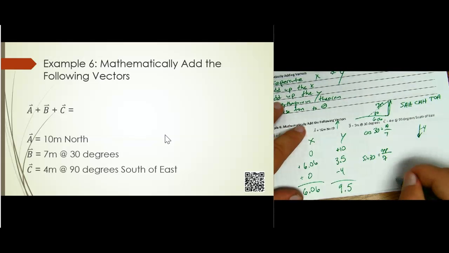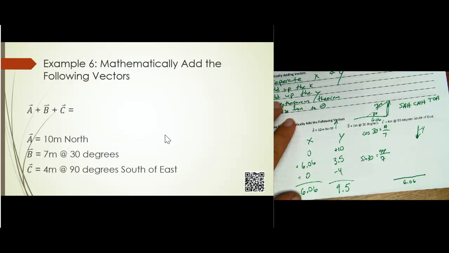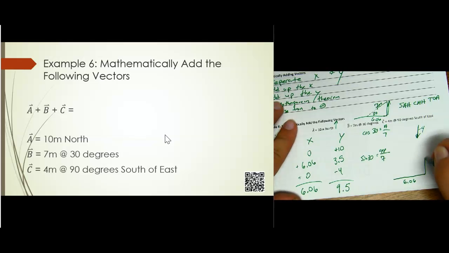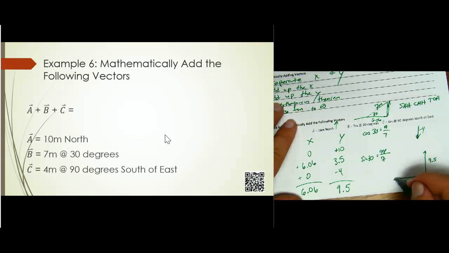Now, if I'm drawing it out, I went 6.06 in the x. I went 9.5 in the y. Okay. What I want you to do is find the hypotenuse, all right?